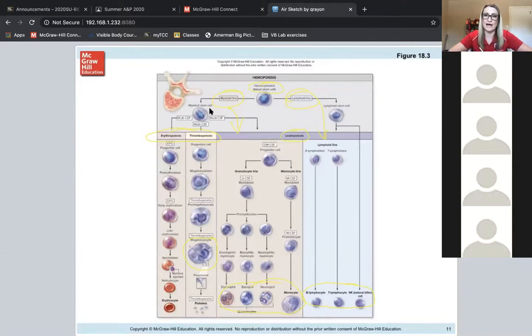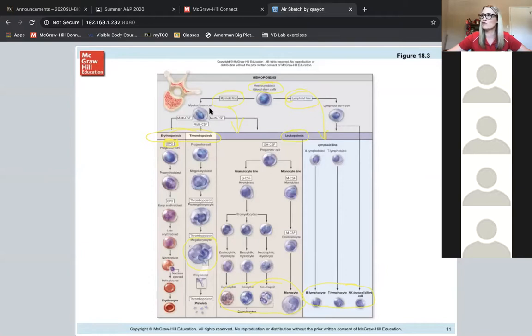Now for this one, I actually do want you to know this EPO thingy here. EPO stands for erythropoietin. Erythropoietin comes from the kidneys and it stimulates formation of erythrocytes, okay? Erythropoietin is kind of interesting because it comes from kidneys and it stimulates formation of erythrocytes.